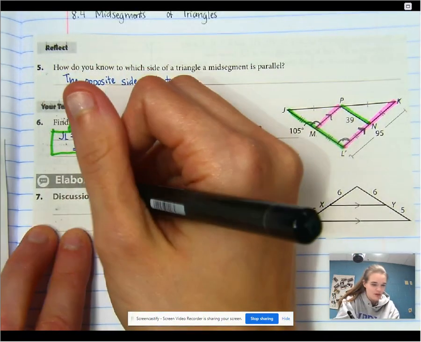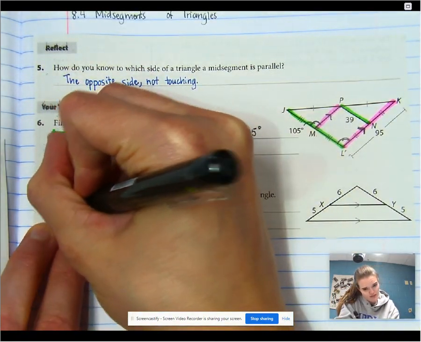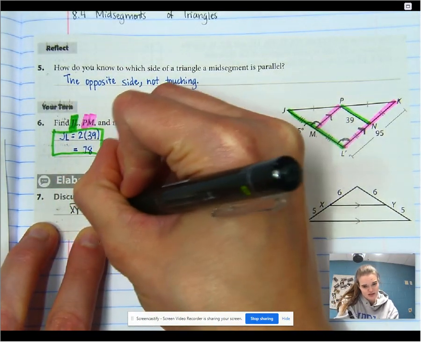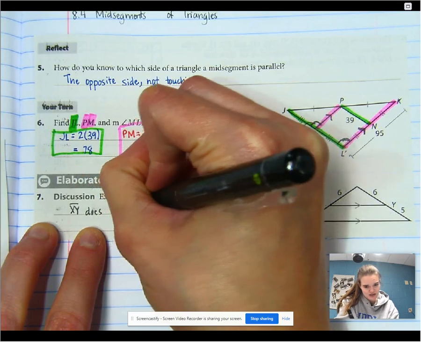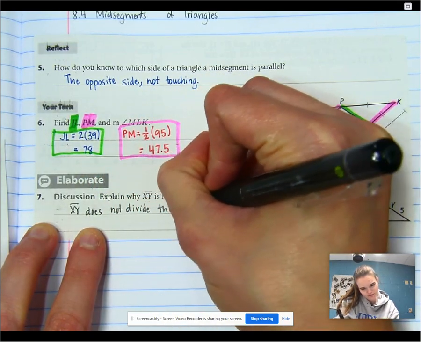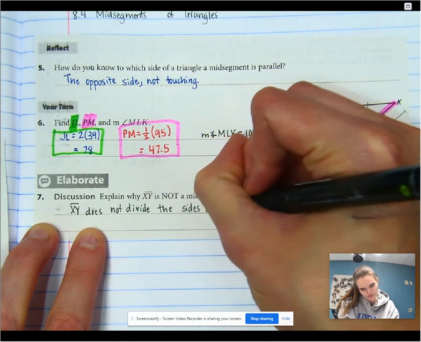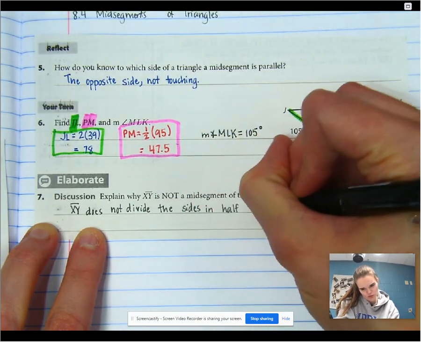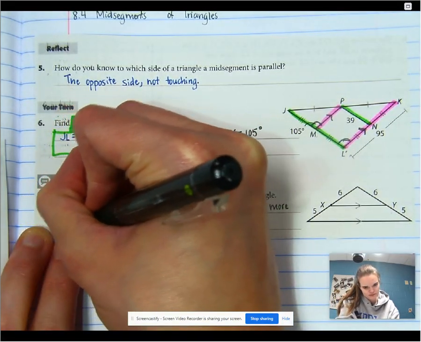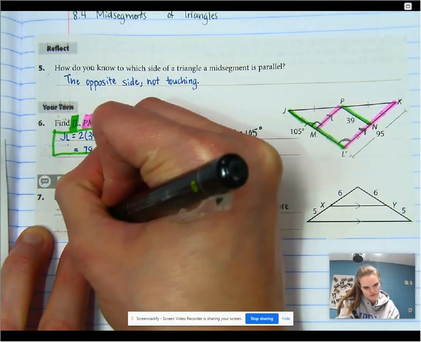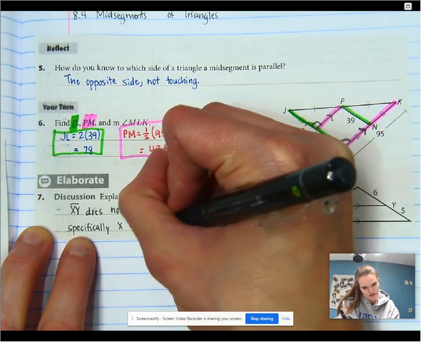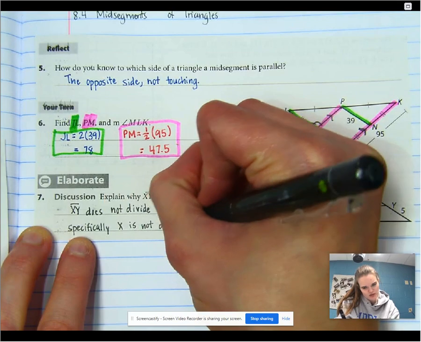So XY is not the midsegment because XY does not divide these sides in half. Or, more specifically, X is not a midpoint, and neither is Y.